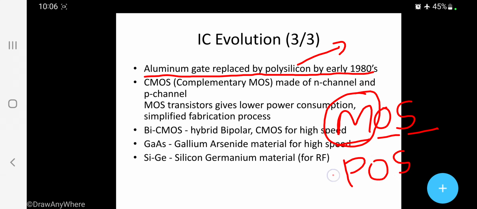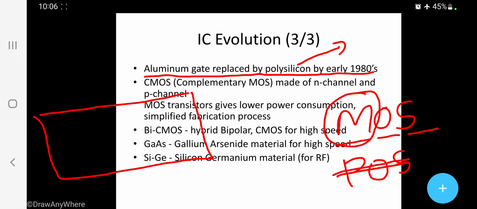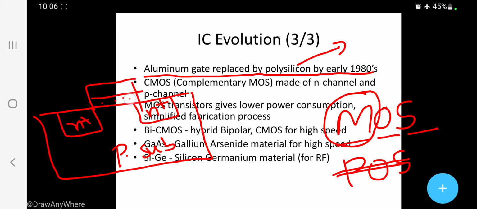I think you studied how the NMOS transistor looks. I'll just draw it; don't worry, in detail we'll see this in later classes. This is the P substrate. I just want to tell you why the name MOS came, metal oxide semiconductor. These slash lines represent the gate.